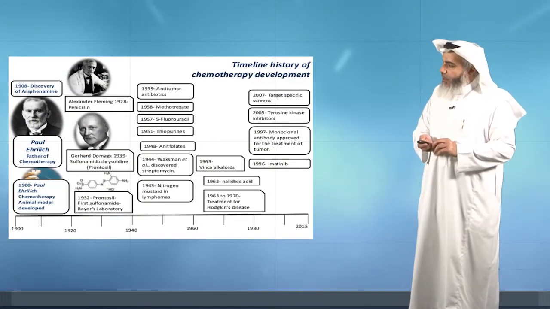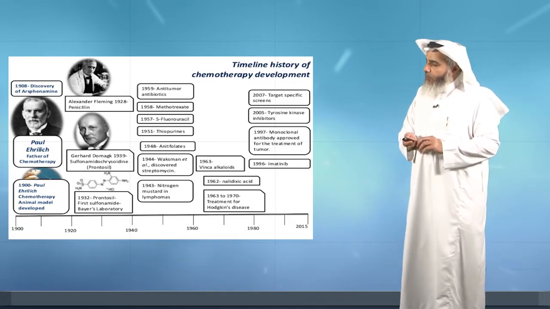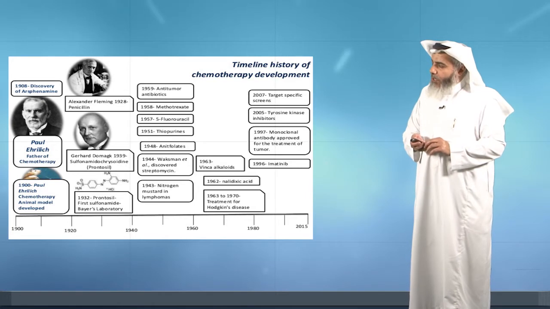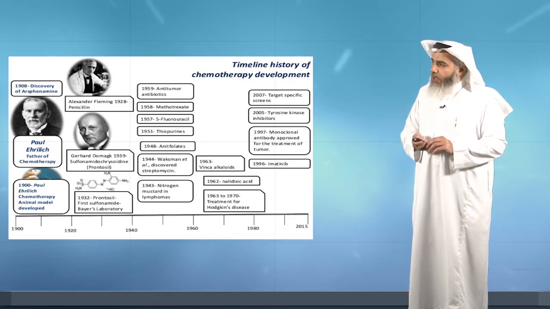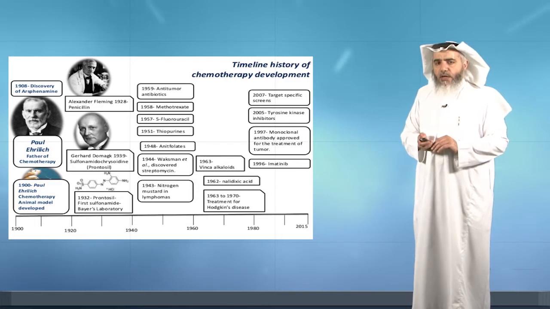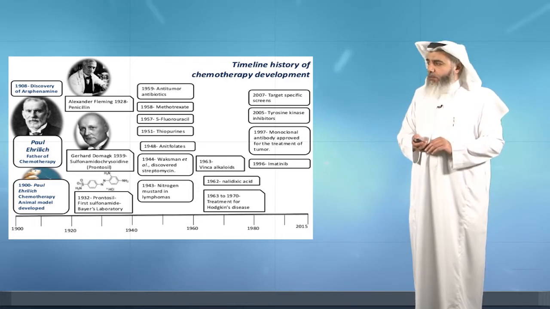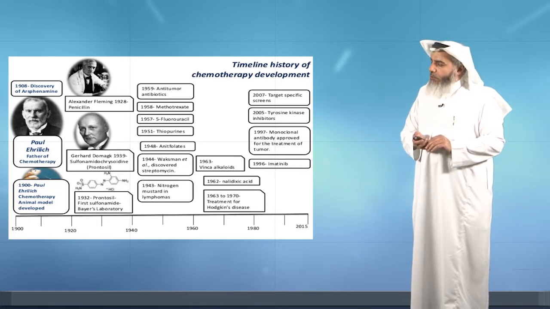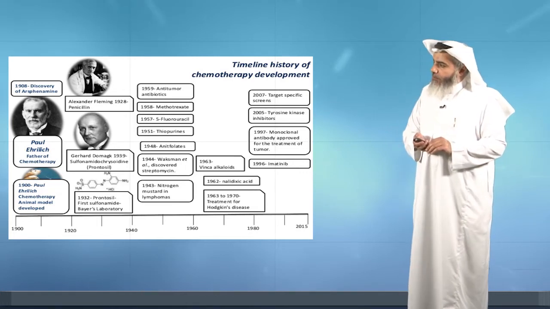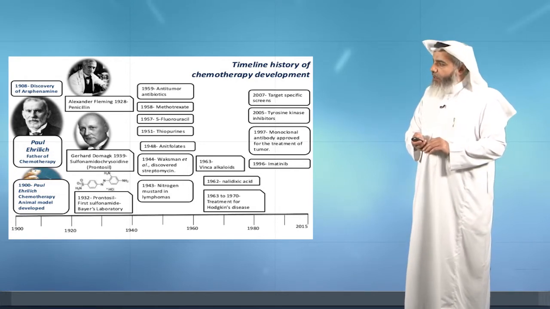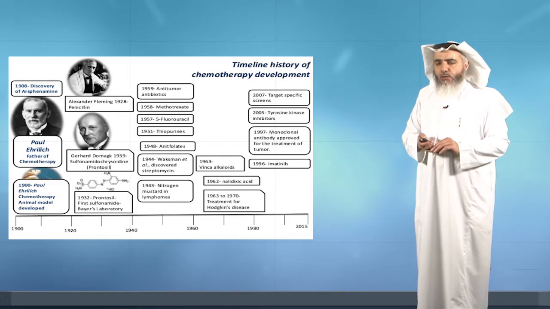This cartoon shows the historical background of how the chemotherapeutic agents were produced. In 1908, there was the discovery of a drug made of chemicals by Paul Ehrlich, who is the father of chemotherapy, and he described chemotherapy in an animal model.